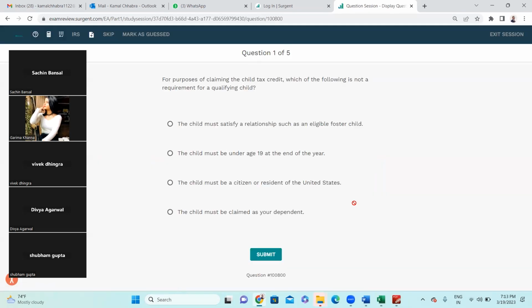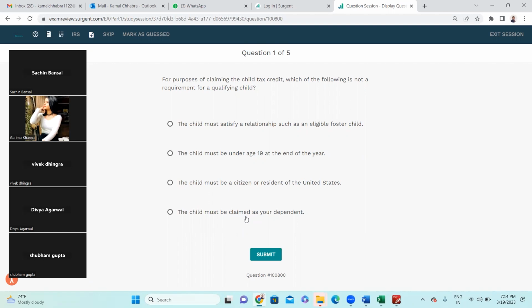For the purpose of claiming a child tax credit, which of the following is not a requirement for a qualifying child? The child must satisfy a relationship such as eligible foster child; must be under the age of 19 at the end of the year; must be a citizen or resident of the USA; must be claimed as your dependent. Is it very similar to what we have done?